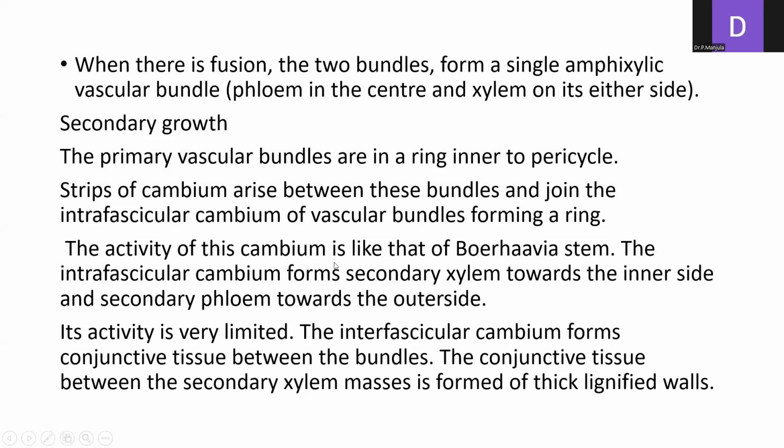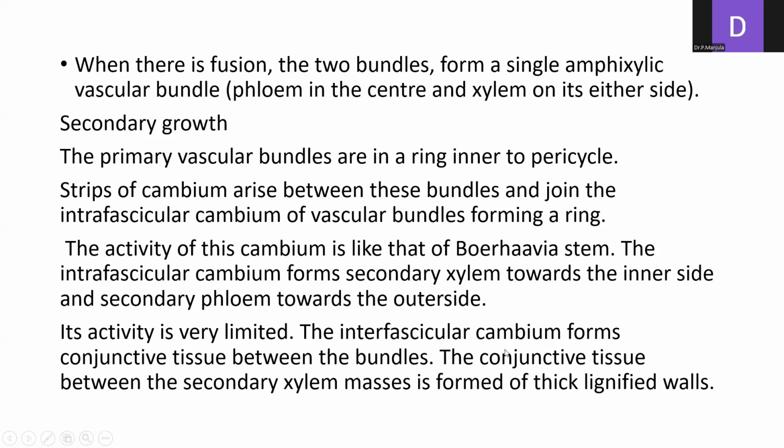The activity of this cambium is like that of the Boerhaavia stem. There also the cambial ring is formed, and the intrafascicular cambium forms secondary xylem towards the inner side and secondary phloem towards the outer side. Its activity is very limited.